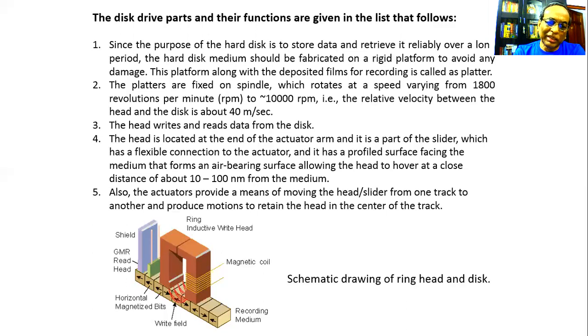Then there is the write head, and the magnetic flux lines go through it. The recording medium is shown below it, in the form of domains.